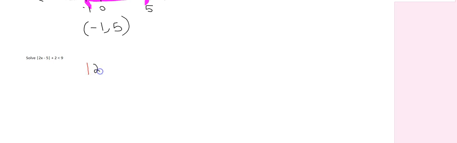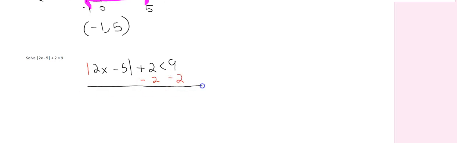We have the absolute value of 2x minus 5 plus 2 less than 9. I need to isolate the absolute value, so we subtract the 2 on both sides. Once I isolate it, I'm going to have the absolute value of 2x minus 5 less than a positive 7.